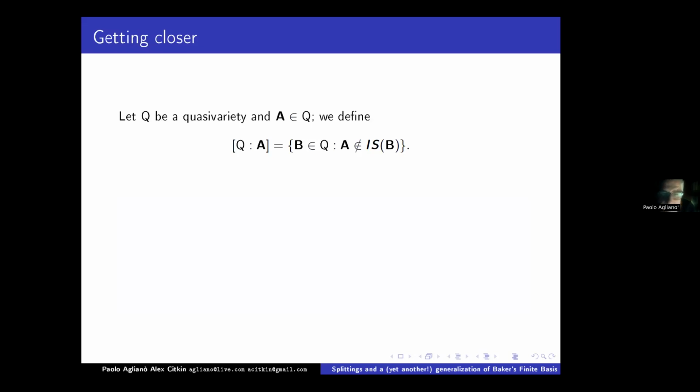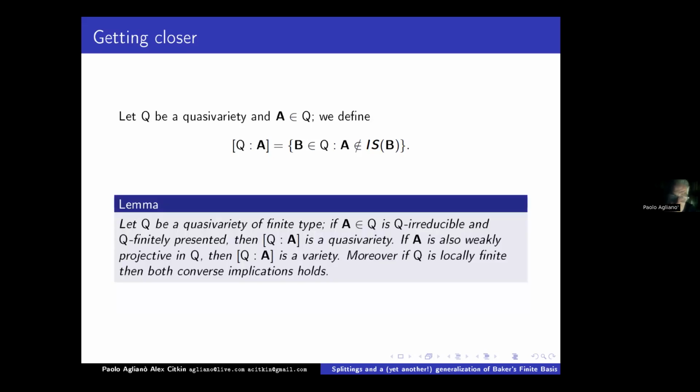Now let's define this class. This is the class of all algebras in the quasi-variety in which A does not embed. We have a standard lemma. If A is Q reducible and Q finitely presented, then this class is a quasi-variety.